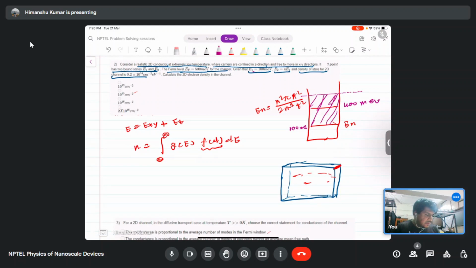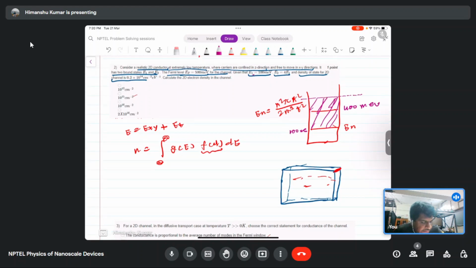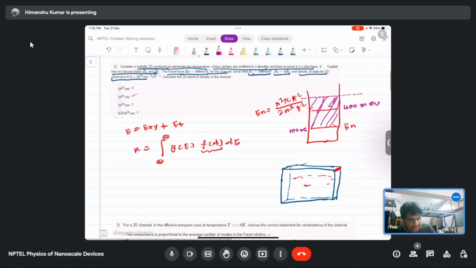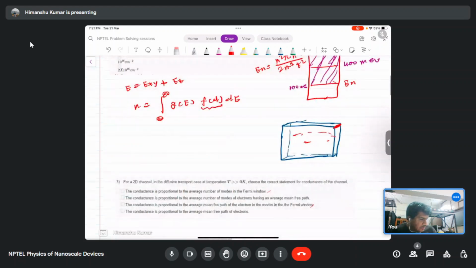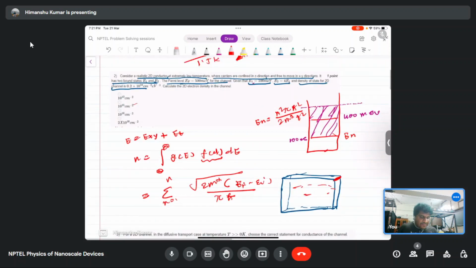Now in the case of 2D, the number of subbands to be calculated comes out as the sum over all the values of 2m star times EF minus Ei, over whatever number of subbands are available, then divided by pi h bar square.